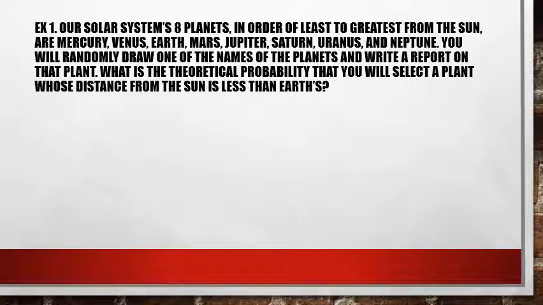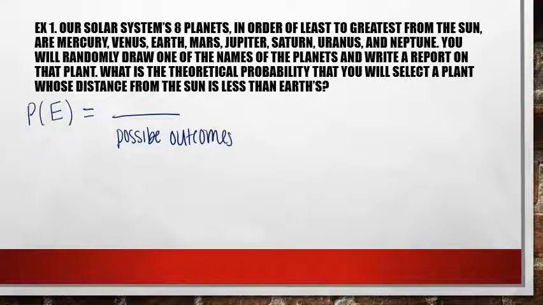What is the theoretical probability that you will select a planet whose distance from the Sun is less than Earth's? So remember, our probability of an event is equal to favorable outcomes over possible outcomes.